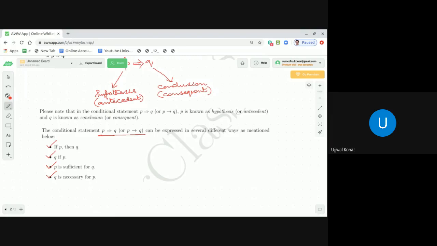If you are very interested, dear students, to know more about it, you can do some Google search on formal methods, formal statements, formal languages.